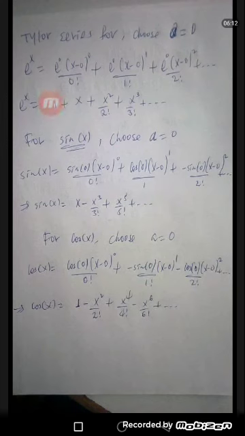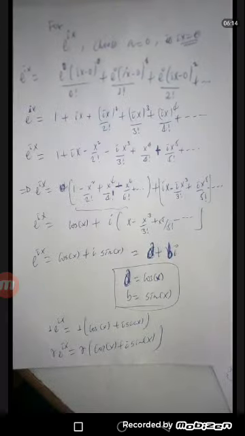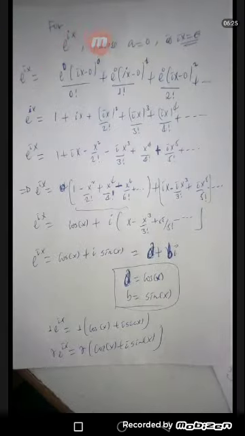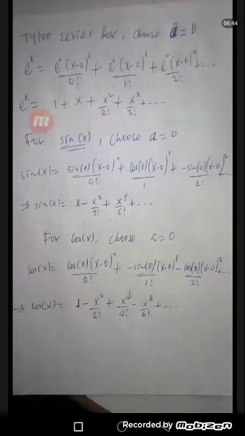So if we substitute ix in place of x here, let's substitute ix. It works for any variable, so ix may be y. In the same way we choose a equal to 0, and just substituting ix in place of x, we get this general formula.